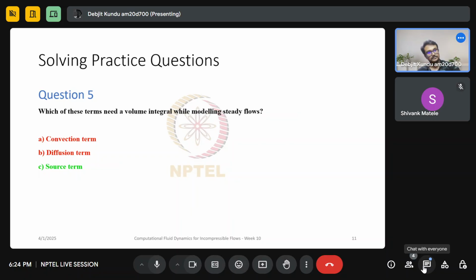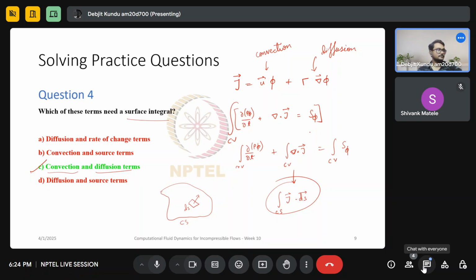So, source term, I'll just go back. So the source term remains over here. So over time, what it means is how much more quantity of phi was generated within a given small control volume.